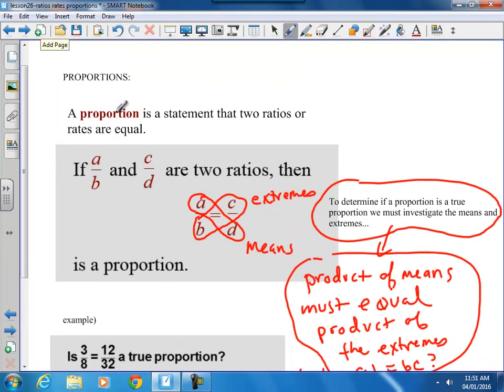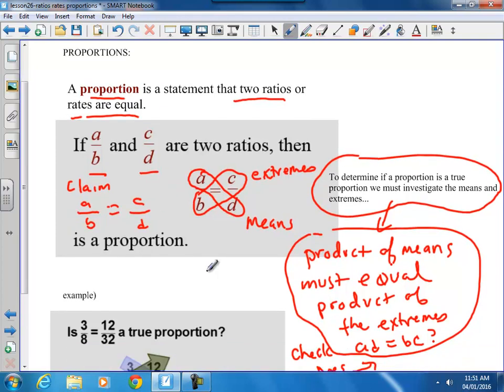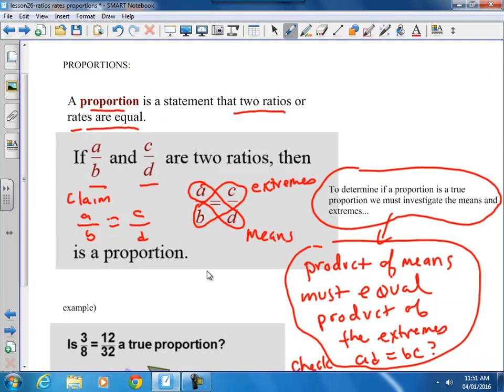Now a new vocabulary word, a proportion. So a proportion is a statement that two ratios or rates are equal. So if I claim that A over B equals C over D, just think about it like that. It's a claim. Well, you can make that claim, but in order to be a true proportion, and I have a big note over here, to determine if a proportion is true, we must investigate the means and extremes.